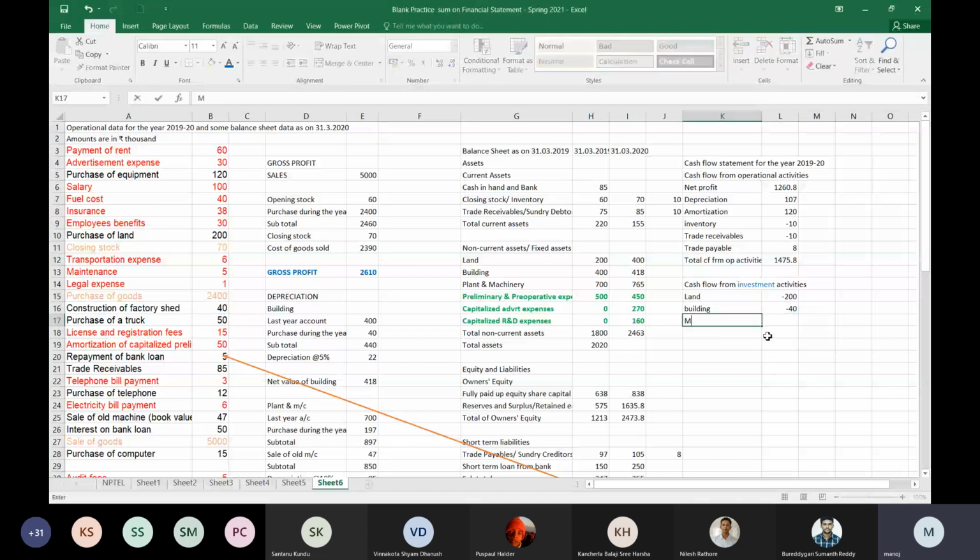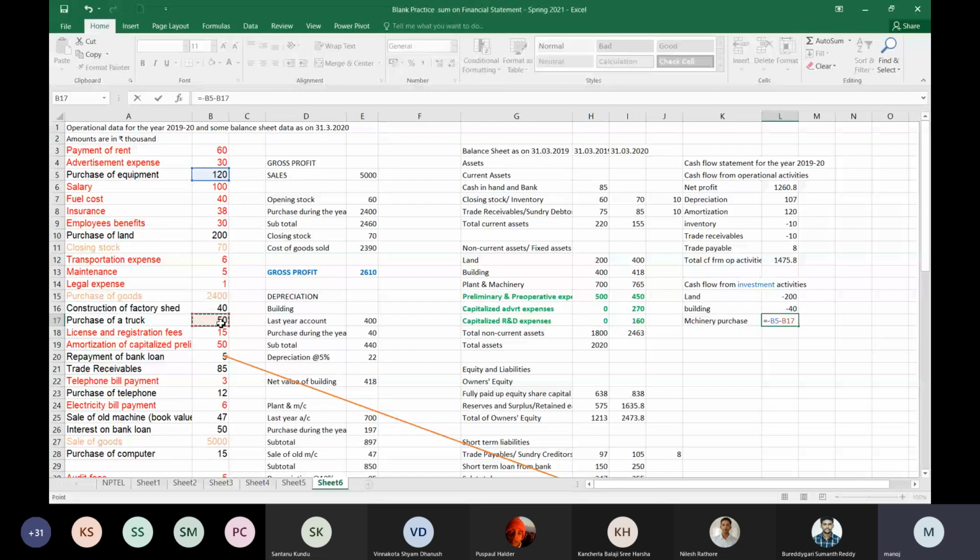Machinery. Purchase. Let us write here purchase because sale will be shown separately. Total purchase should be shown here. Purchase of machinery is equal to this plus this, and it should be minus actually. So remember this is minus. Then this also minus because we have purchased more.